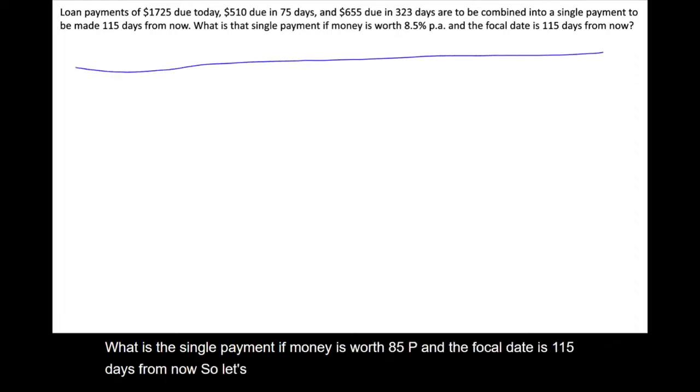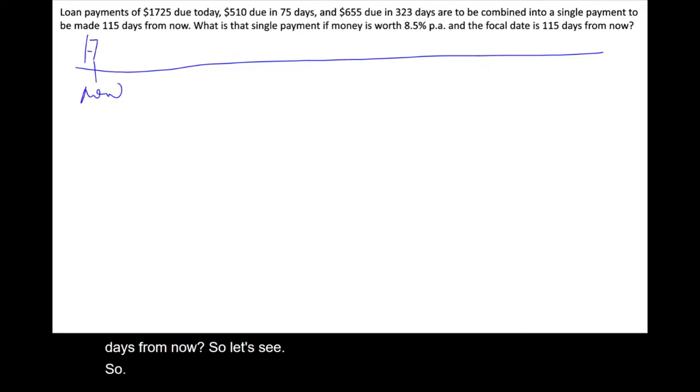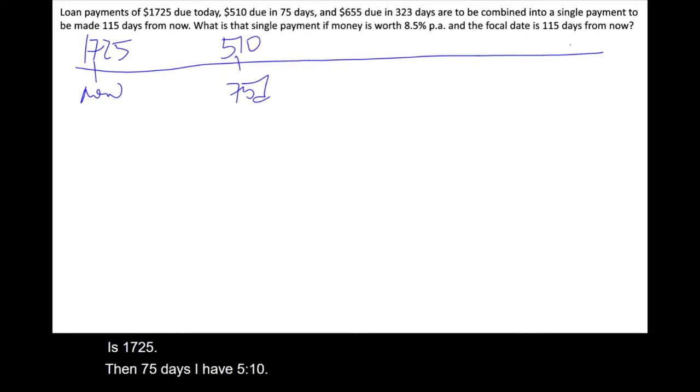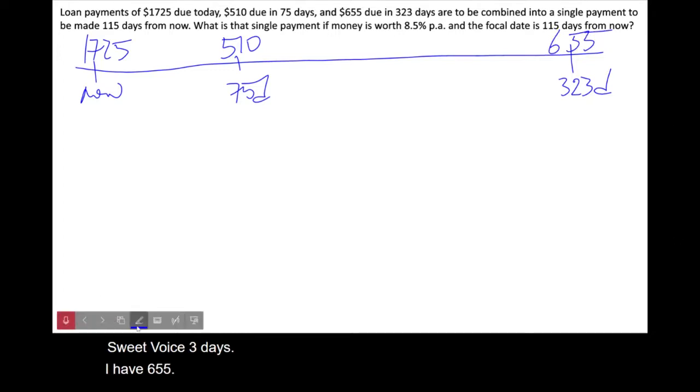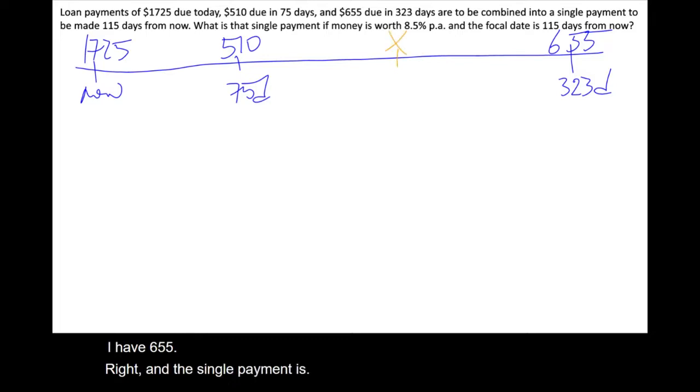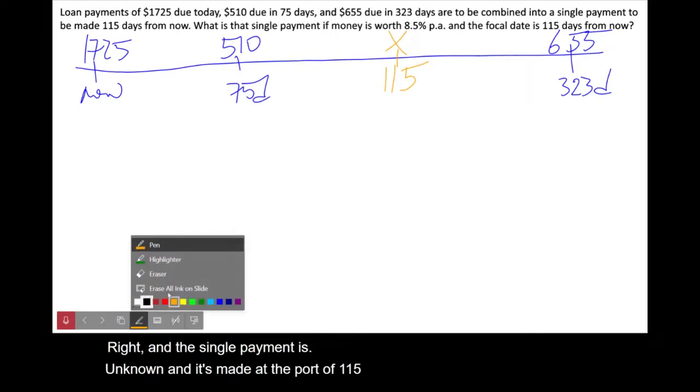So now is 1725. Then 75 days, I have 510. 323 days, I have 655. Right, and the single payment is unknown, and it's made at the point of 115 days from now.